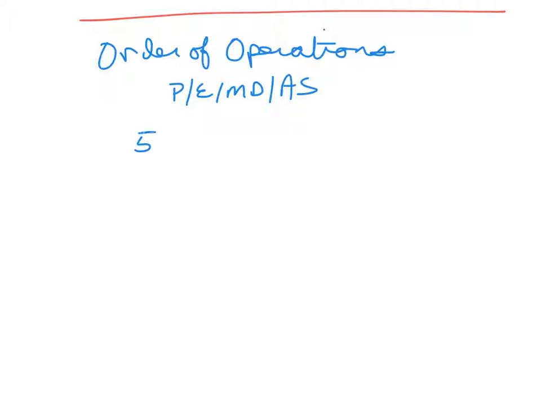Okay, so if I gave you a problem like this, 5 times the quantity 3 plus 2 cubed, divided by 5, then we know we got to work the parentheses first, and inside the parentheses I have addition and exponent. And we know we got to do exponent before addition.